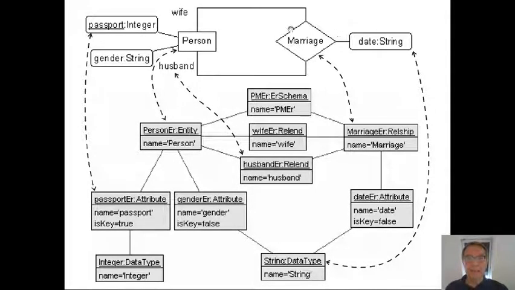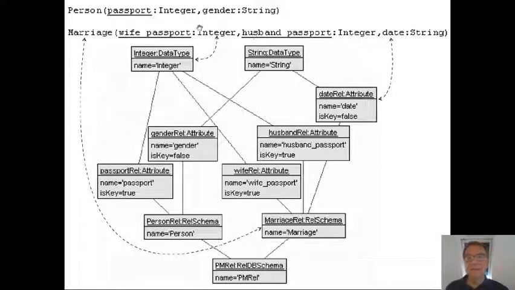In our example ER schema, we had the marriage with the wife and the husband as relationship ends for this relationship. And the key, wife and husband are typed as person here. And the key in person is passport. And now let us look at the translated ER schema.